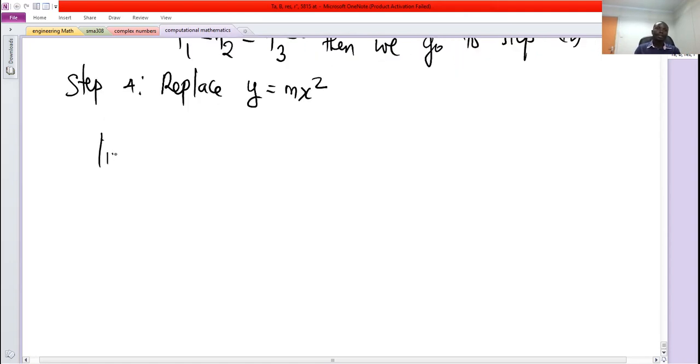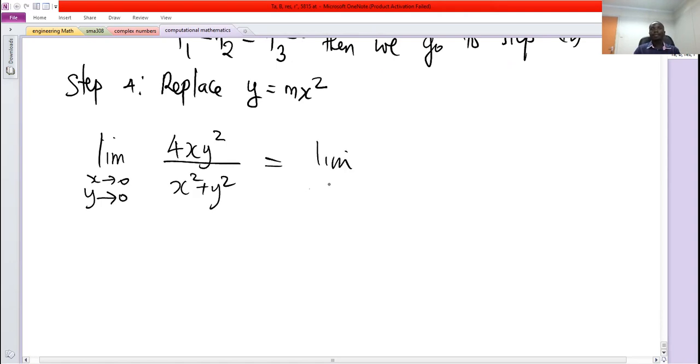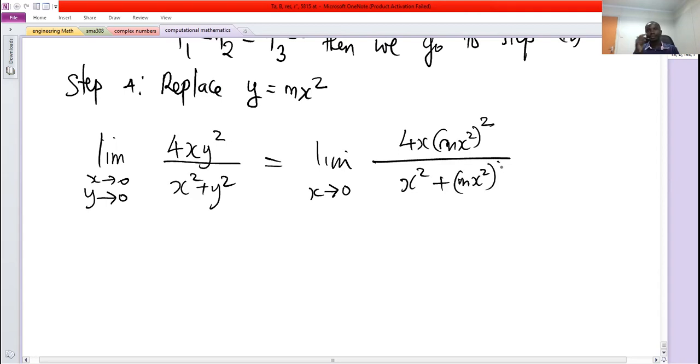So the limit of the function 4xy squared over x squared plus y squared, as x approaches 0, y approaches 0, will be the limit as x approaching 0. For x, where there's y, you put mx squared. And then we have x squared plus (mx squared) squared.